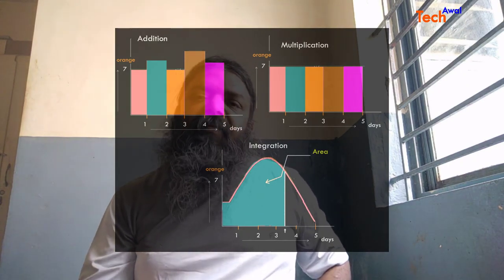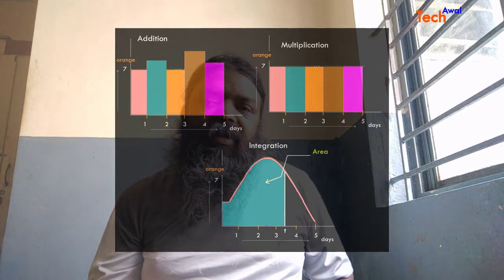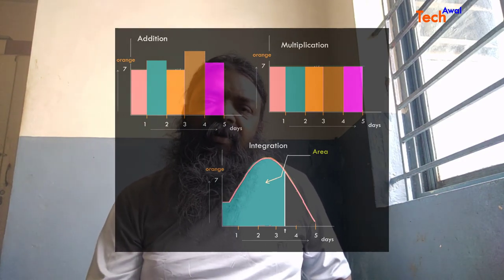So if I am collecting 7 oranges every day, at the end of T days the rectangle has an area of 70. Okay, so that is integration.